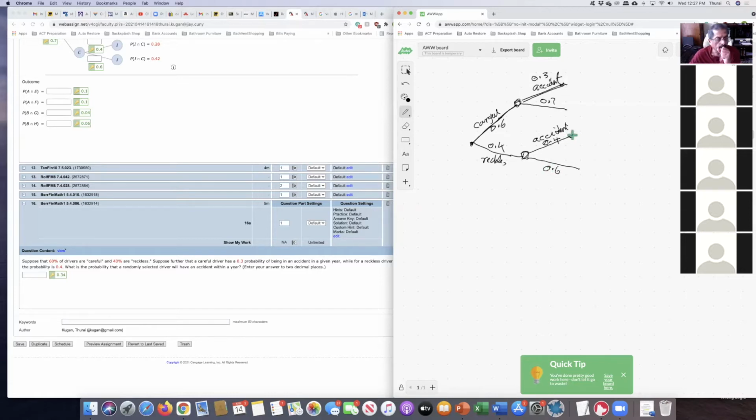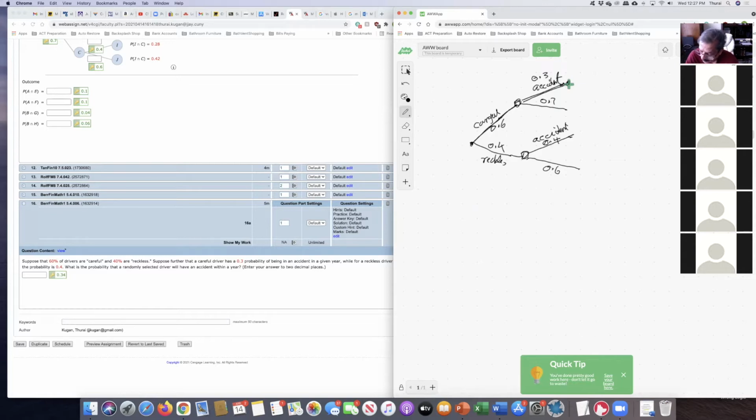Okay, so now we can find the probability for the end of the branches. The probability at the end of this branch will be accident and careful intersection: the probability that the person will have an accident and is a careful driver.